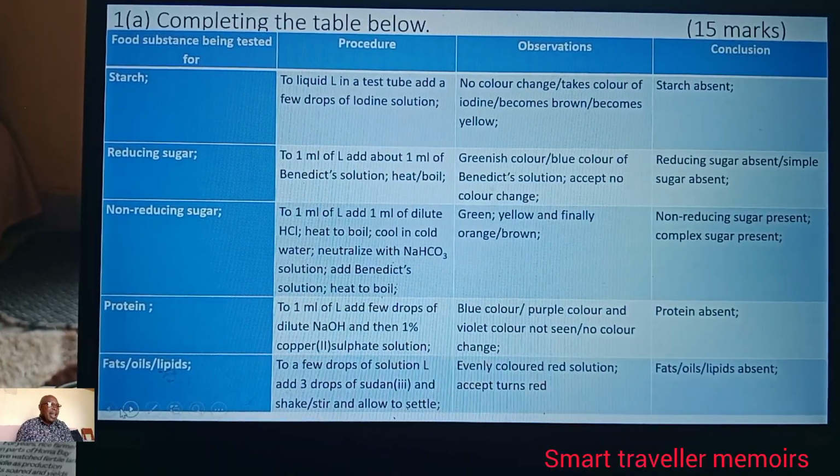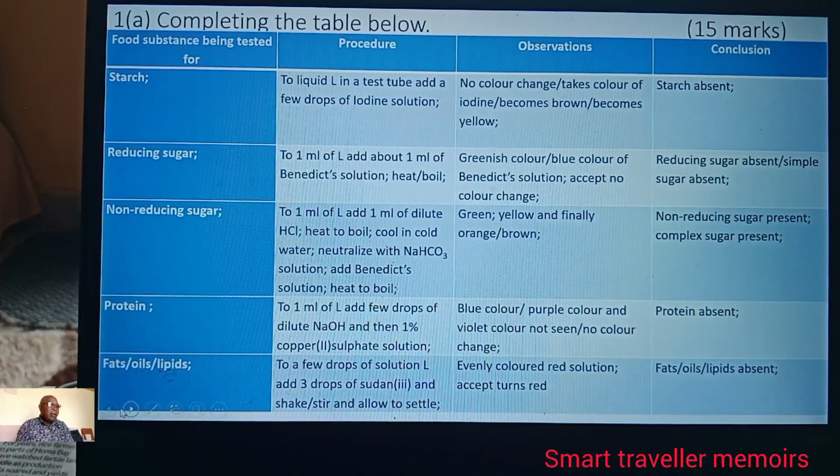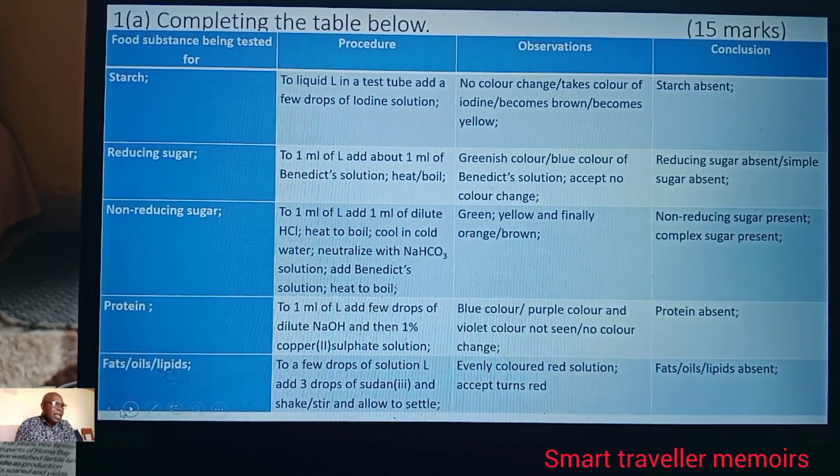Observation, greenish color. Others would have said blue color of Benedict solution, but accept also no color change. Reducing sugars absent or simple sugar absent is our conclusion.